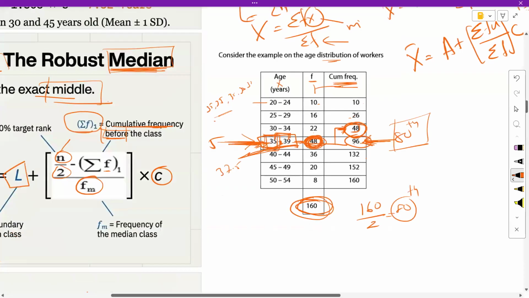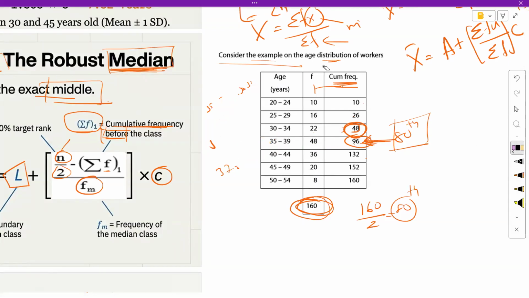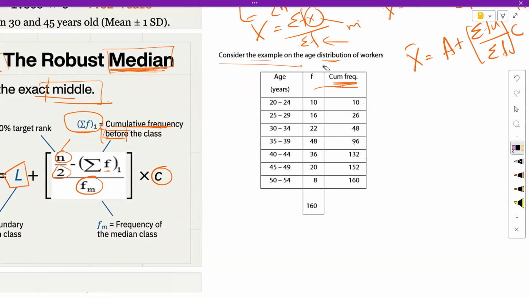For this data set, we have to identify the mod. What's the mod class? Which class can be considered as the mod class?